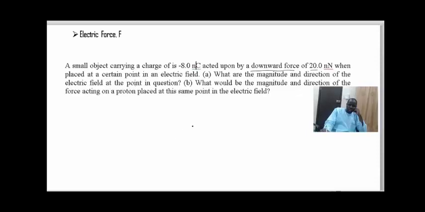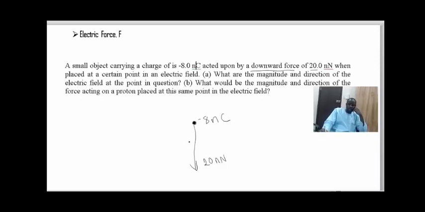So we assume that we have an electric field somewhere here, and this is the point where the object is placed. And here we experience a downward force of 20 nanonewton, and we place our charge here, -8 nanocoulomb.